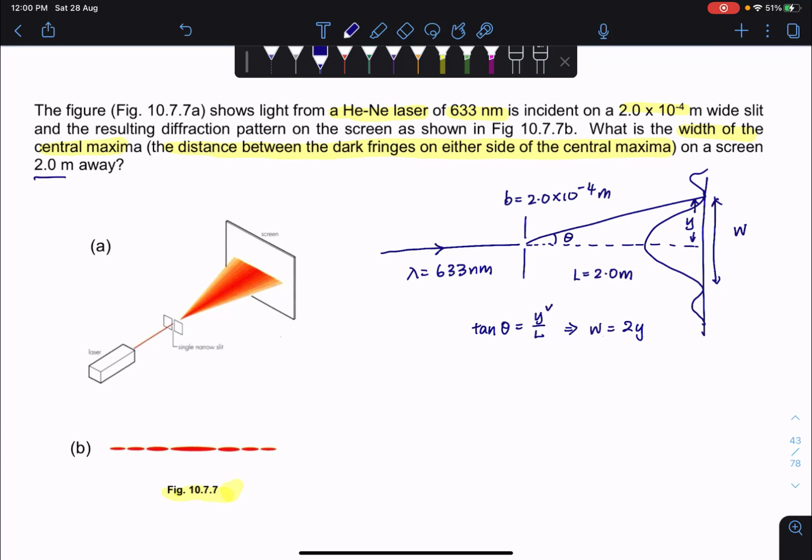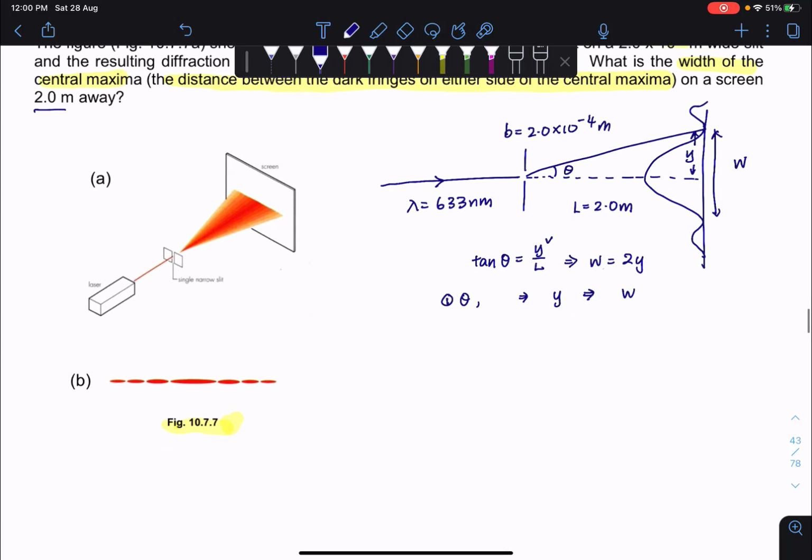So my first task is to look for theta, then to determine y, and then finally I can determine my width.